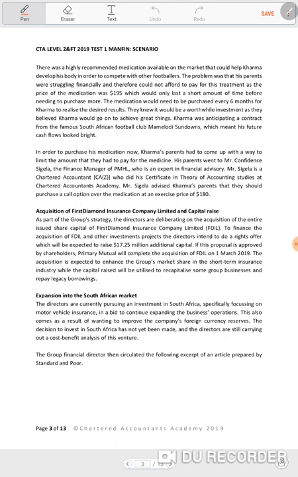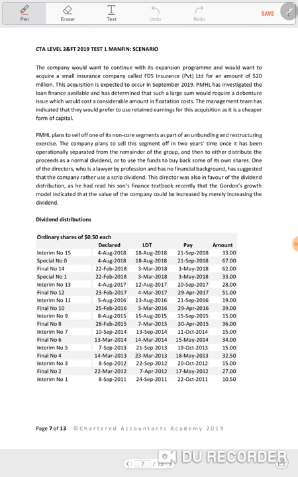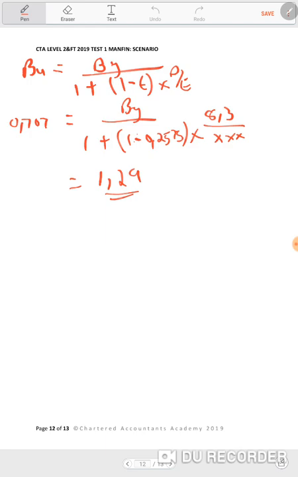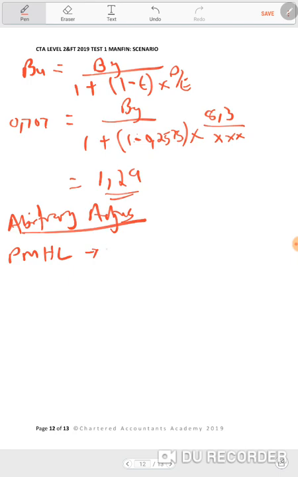Therefore, when we are doing our adjustments here, after we get our beta, we need to make an adjustment. I call this arbitrary adjustments, right? So we're saying PMHL operates solely in Zim, which makes it riskier.